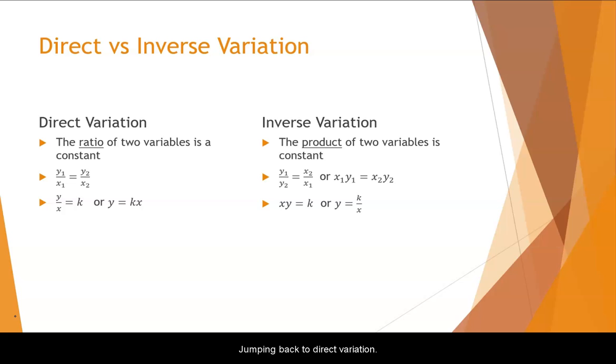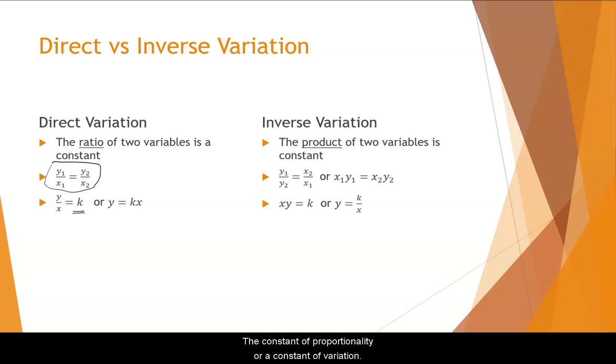Jumping back to direct variation, since the ratio of these two variables is constant and we can set it up as a proportion, another way to write this is to take the ratio and set it equal to a constant. That's what this k is.